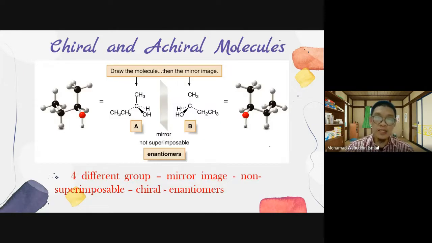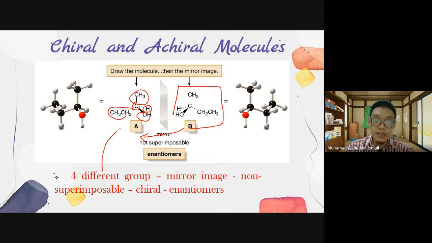We look at another example, the previous example. This B is the mirror image of A. They have four different groups attached to the center that we choose, which means it contains a stereocenter.